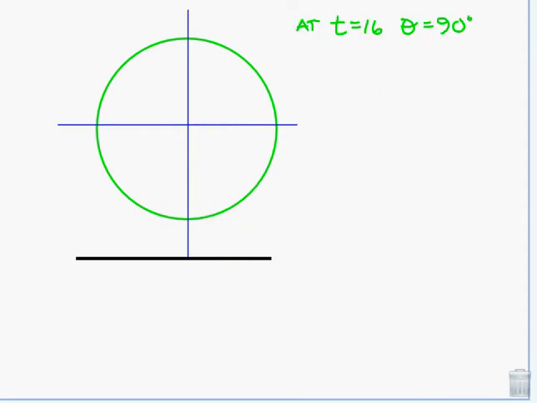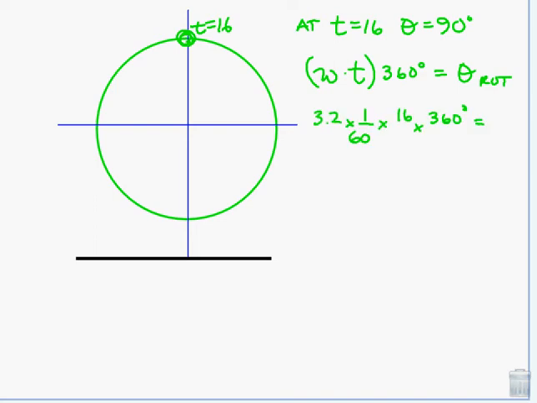If we are told that at time equals 16 seconds we're at 90 degrees, then we can use omega times t times 360 degrees and get our angle of rotation in that 16-second time interval. So let's plug in our angular velocity, which is 3.2, and that's revolutions per minute.